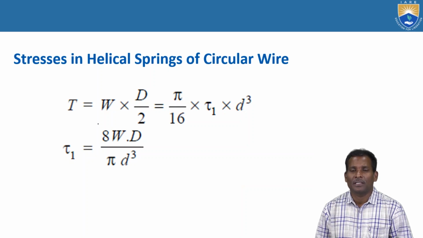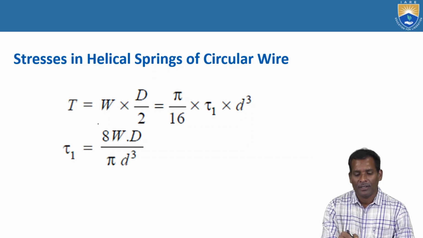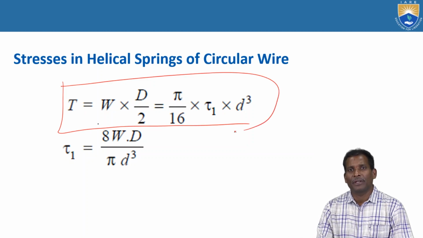Next, what are the stresses induced in the springs? Mostly the stresses induced in the helical springs are tensile and compressive stresses only, due to bending. The stresses in the helical springs of circular wire: T is equal to the twisting moment.